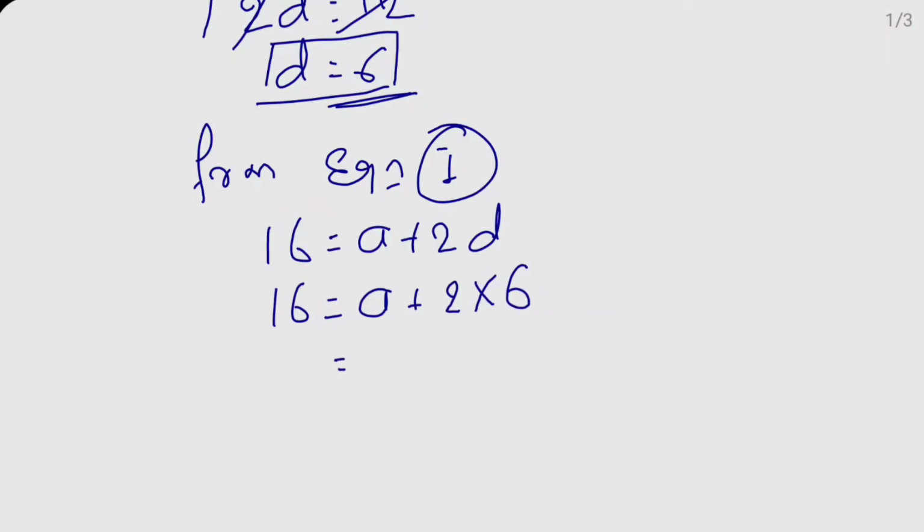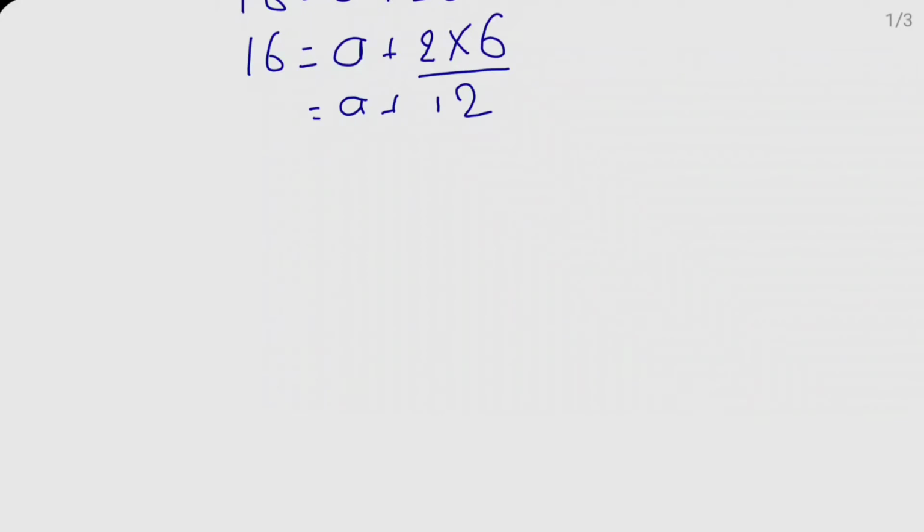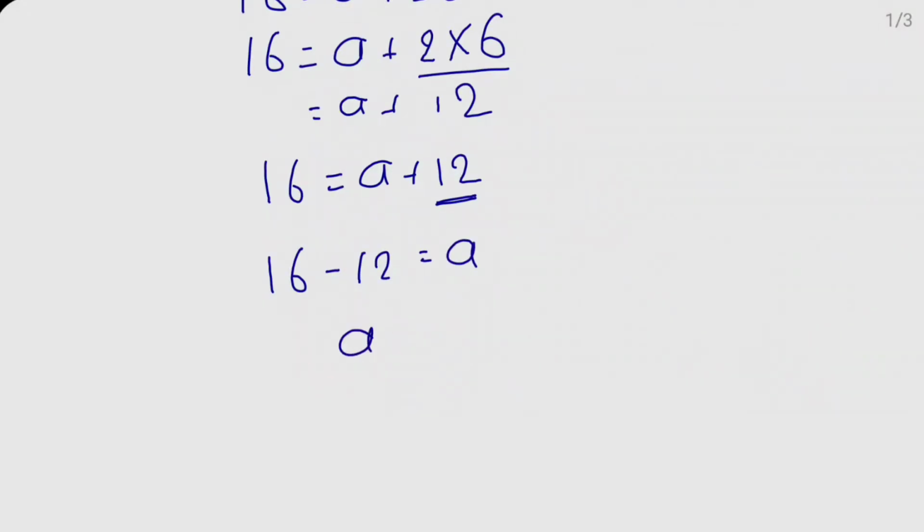So a plus 12. So write down the remaining: 16 equals a plus 12. Now the 12 comes to the LHS and becomes minus. So 16 minus 12 equals a, then a is 4. So a is 4.